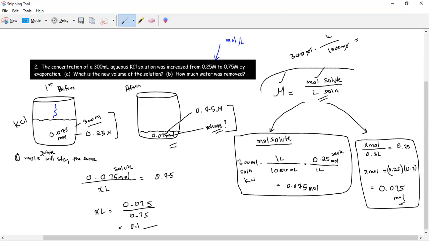Now, what is the unit in this case? Well, whenever you're using this formula, it's always in terms of liters, right? It always produces the end amount in terms of liters. So this is 0.1 liters.